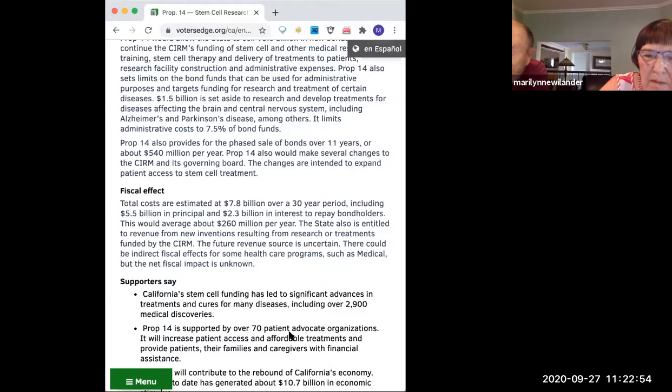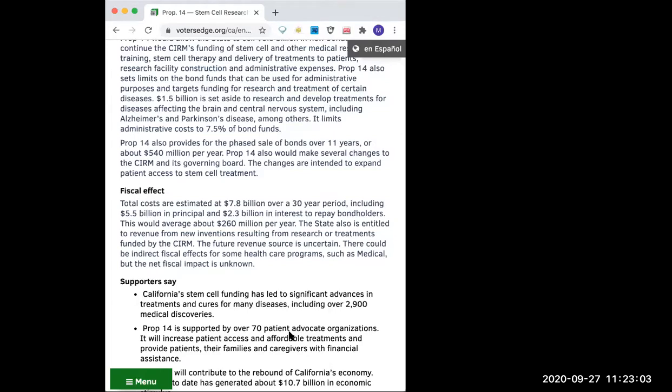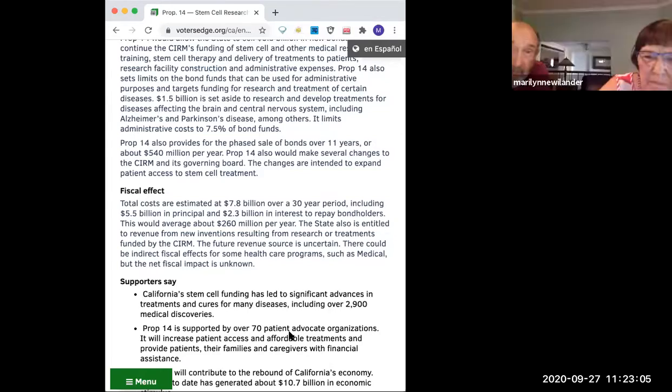The state, however, is entitled to revenue from any discoveries that are made during this entire process and patented. The future revenue source, of course, is uncertain because as of this point, there have been no patented research or vaccines that have been developed.